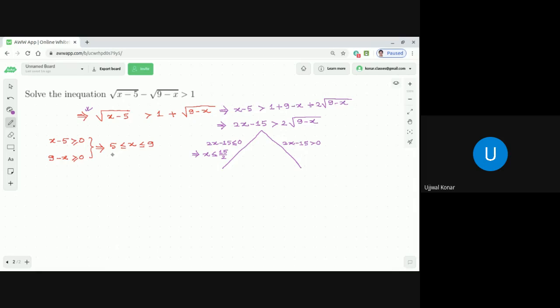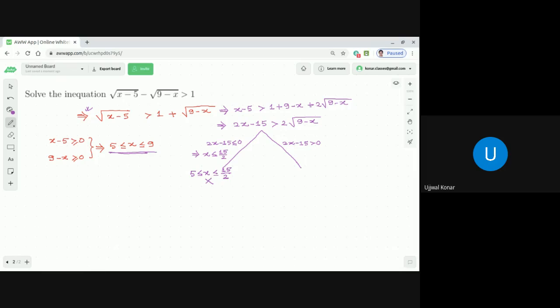And what is our global solution? The global solution is 5 less than or equal to x less than or equal to 9. And 15 by 2 is actually 7.5. So from here what we see is that any value of x, in terms of inequality, 5 less than or equal to x less than or equal to 15 by 2, is not an acceptable solution.